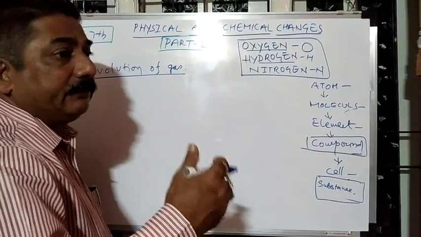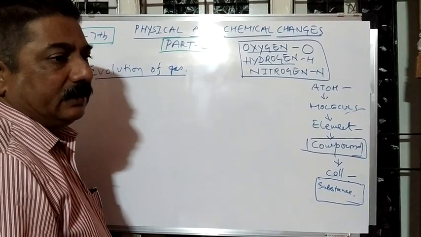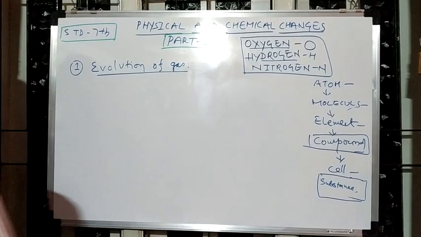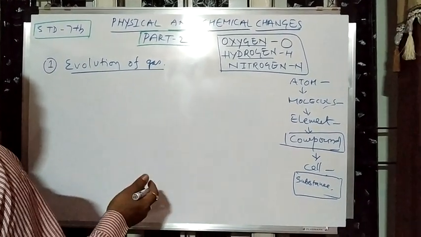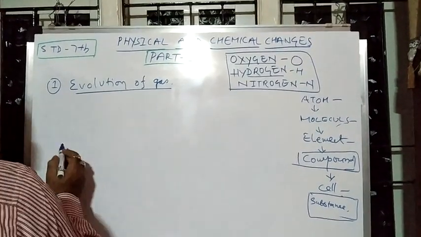In irreversible changes we get a new substance, while in reversible changes we do not get any new substance. So I am going to write some chemical reactions here, and you are going to learn every one, and these are very important for you.